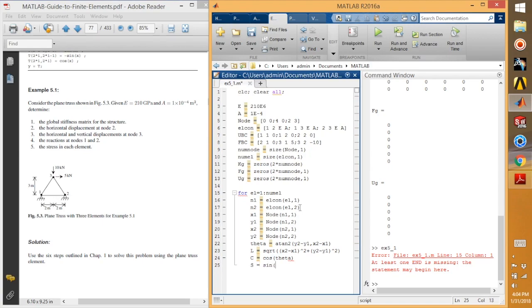So next we'll have k element, which is EA upon L. This is a general formula for k element.